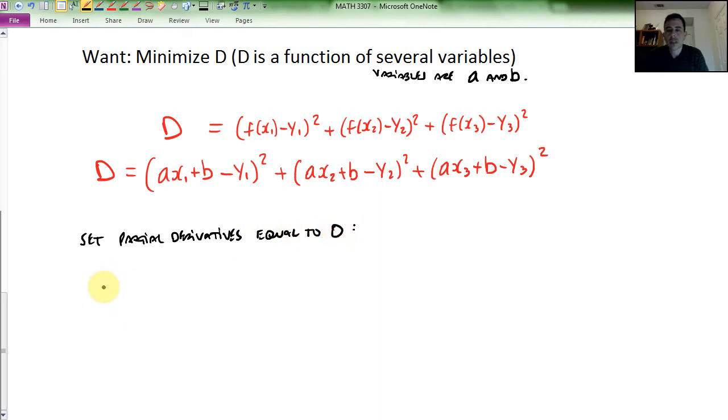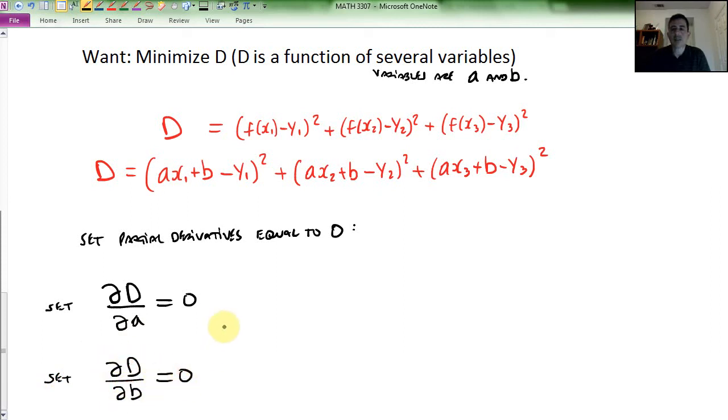Partial derivative means it's a derivative of d with respect to a. This is the symbol for derivative. You take the derivative of that expression in terms of a, and you set that equal to 0. That's all it means. And you set the derivative of d with respect to b equal to 0.